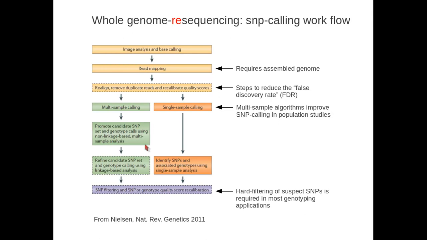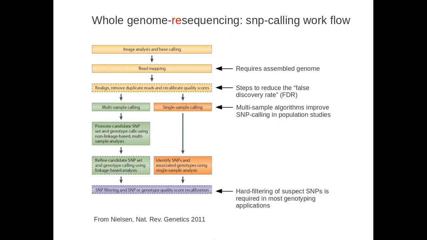There are additional things we can do in a population context to improve the SNP calling. We can use what we call linkage-based analysis to improve the genotyping. That's probably beyond the scope of this particular class, but just realize that there's been a huge community effort into developing the technology to analyze these variants and to reduce the noise associated with the data.